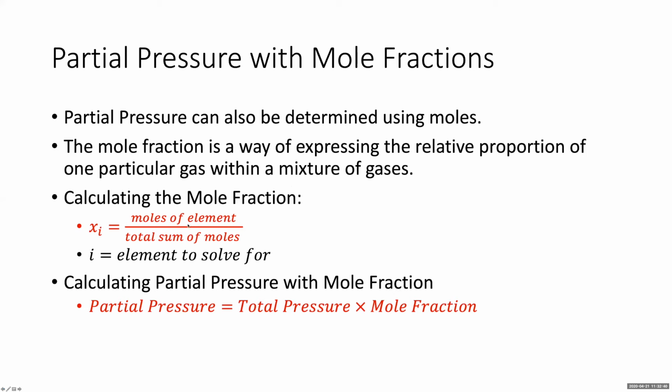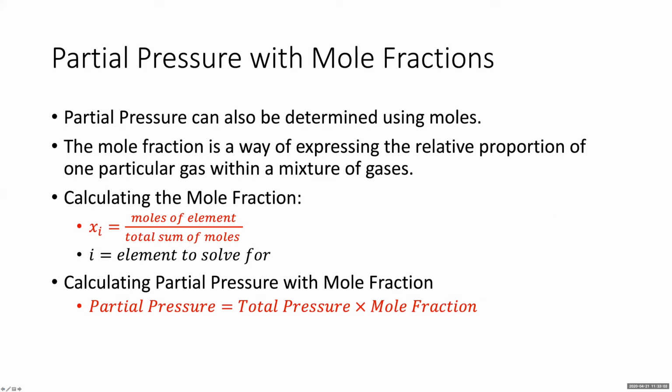To find the mole fraction, all we do is take the moles of the element we are working with, divided by the grand total of all the moles in that system or container. To find the partial pressure with the mole fraction, the partial pressure will be equal to the total pressure in your container or system multiplied by the fraction of that particular element.